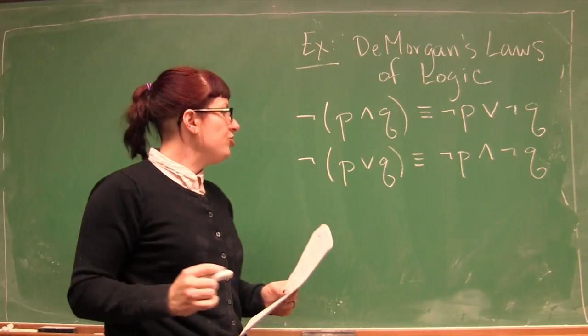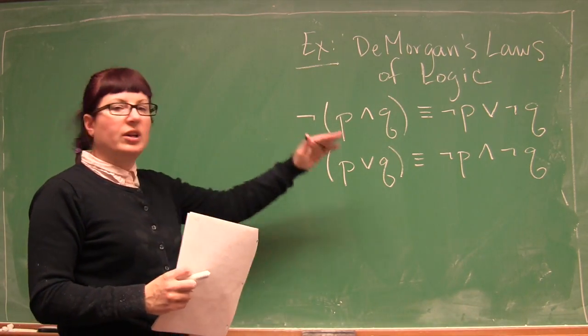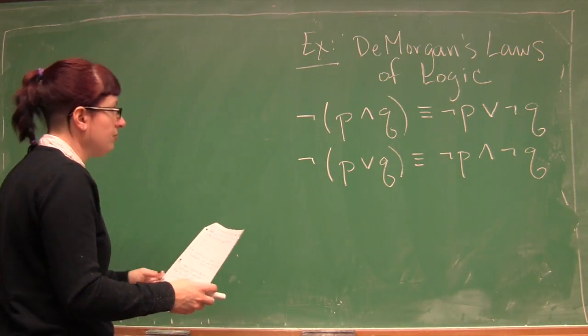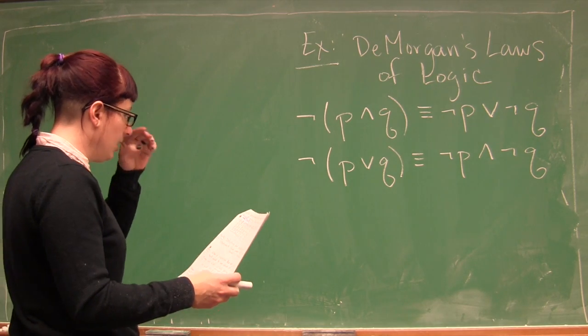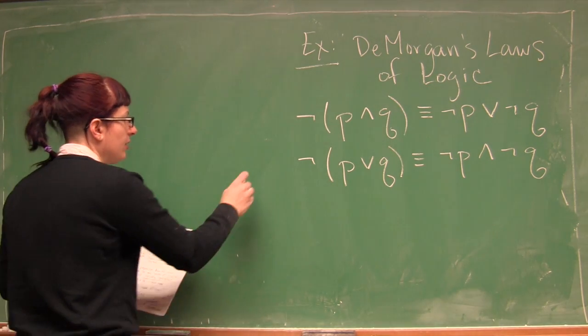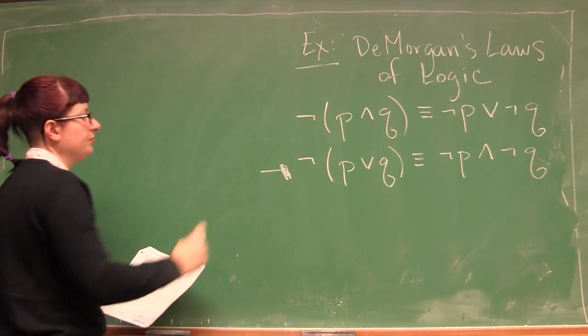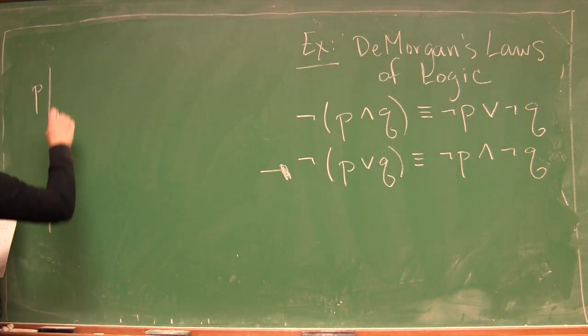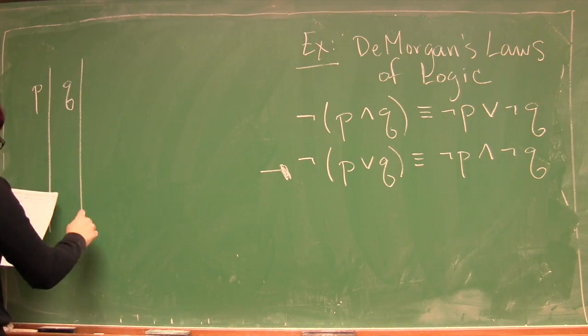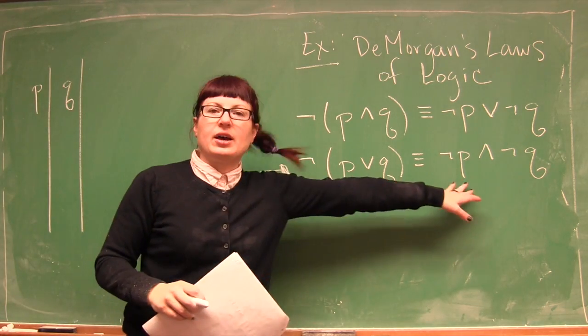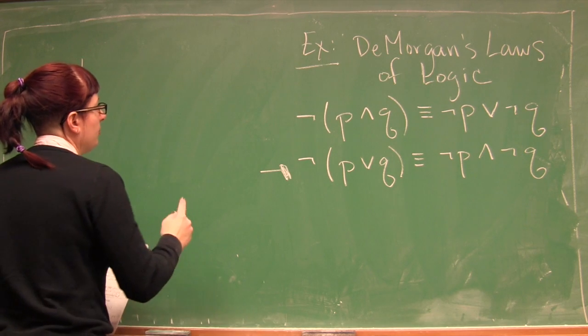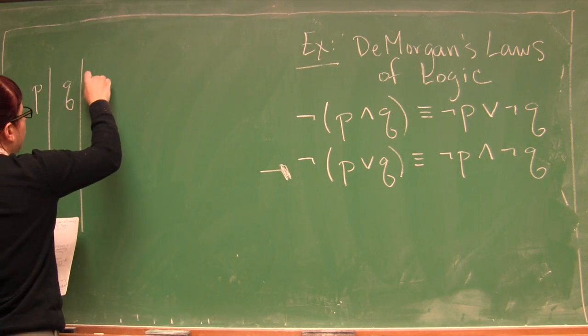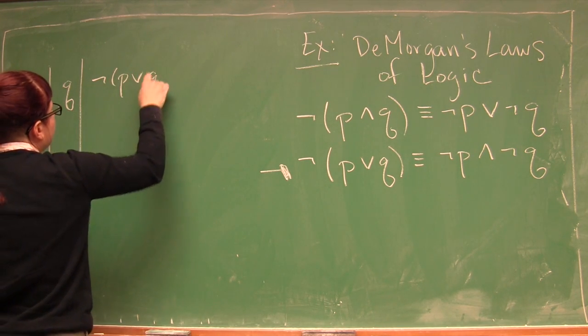Okay, so we want to show a truth table that demonstrates these equivalences. So let's look at the second one here. We want to consider P, Q, and we want to compare the two sides. So we want to look at P or Q, so not (P or Q).